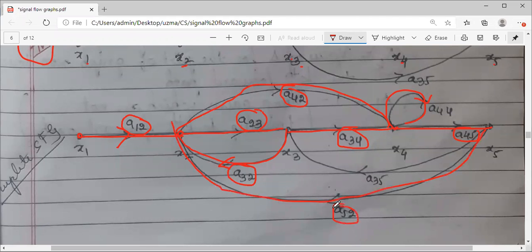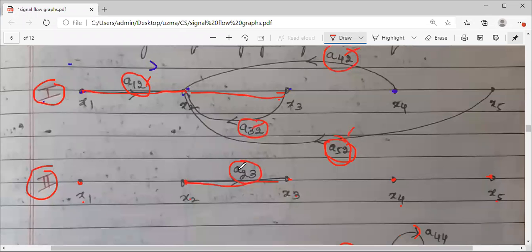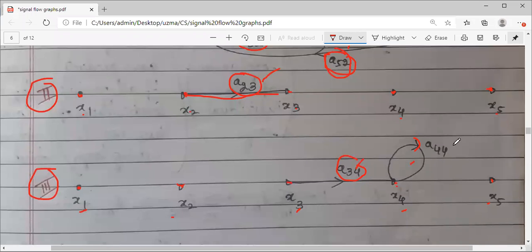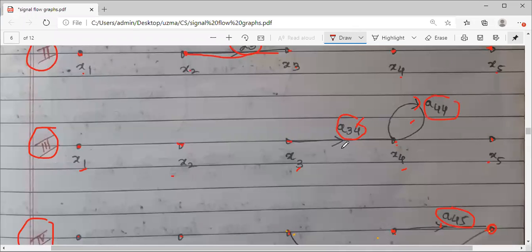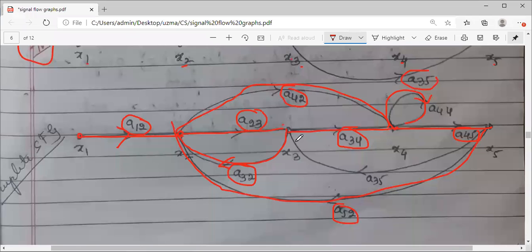So A52. Check in the first figure, I think we have covered all 4 gains. Coming to the second figure, we have already covered. Coming to the third figure, yes, we have covered both gains, A44 and A34. Coming to the fourth, A35 between 3 and 5 is still remaining. So draw that between 3 and 5.